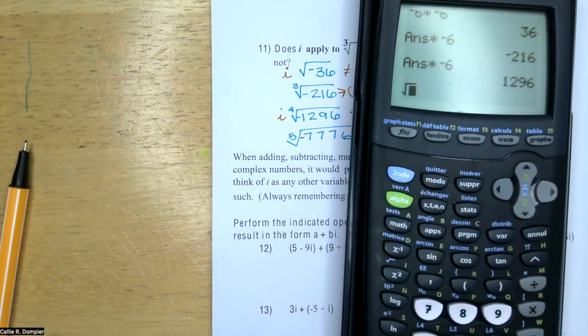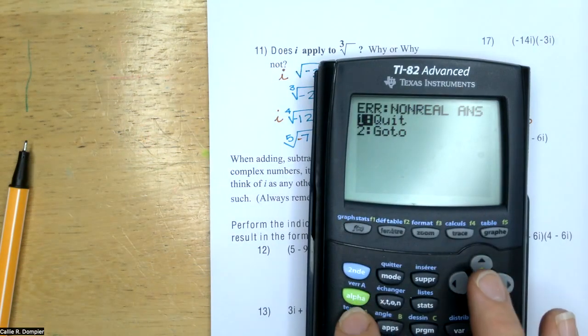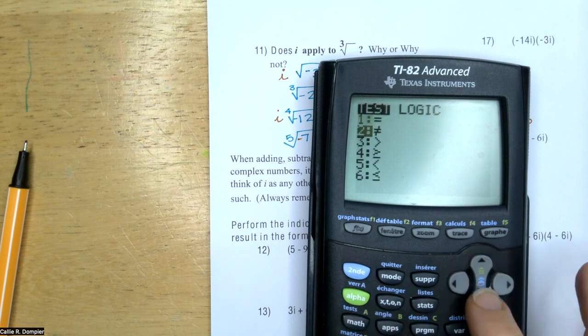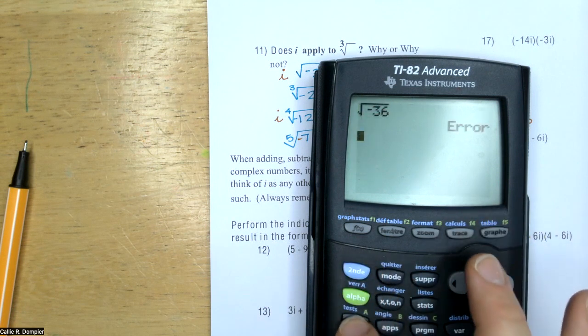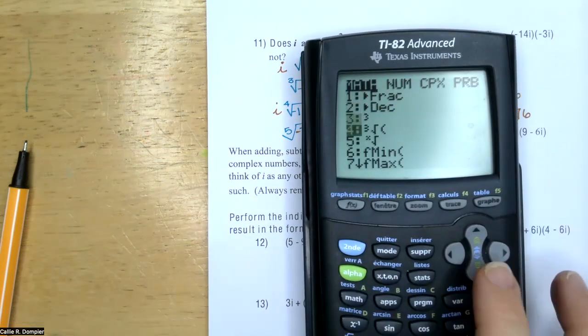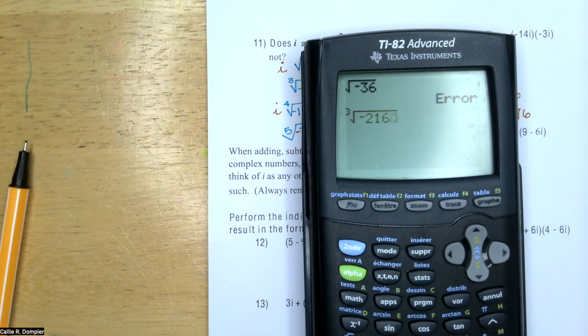So the square root of negative 36 will not give you an answer. The cubed root of negative 216 will give you an answer.